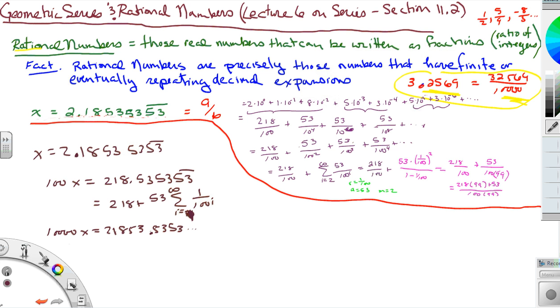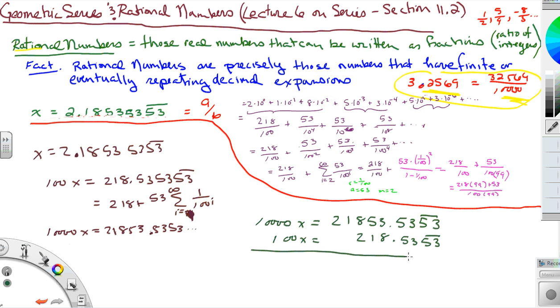So how am I going to work this? Well, I'm going to have 10,000x, which equals 21853.5353, etc., minus 100x, which equals 218.5353, etc. If I subtract those two things, on the one hand, I get 10,000 minus 100, which is 9,900x.